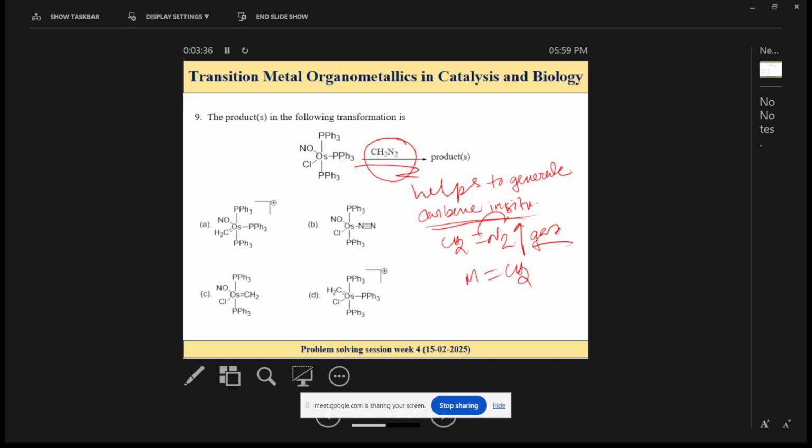Now we have three phosphine ligands bound to the osmium center, and as all of you know, the phosphine ligand is not stable.